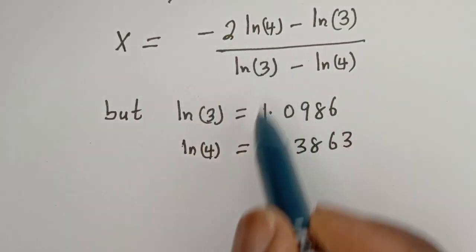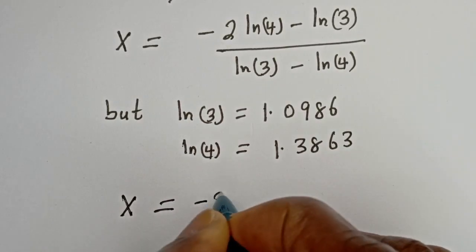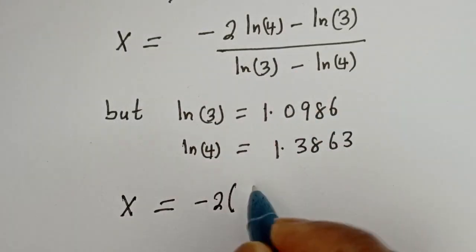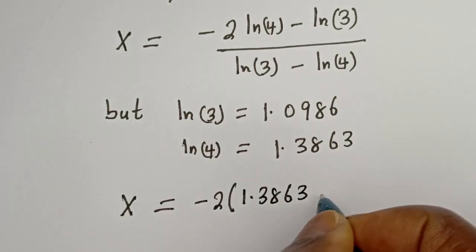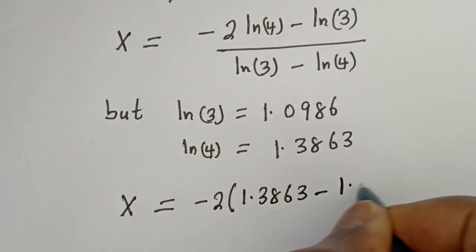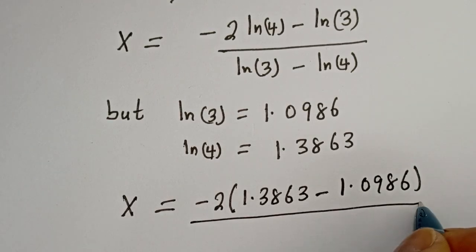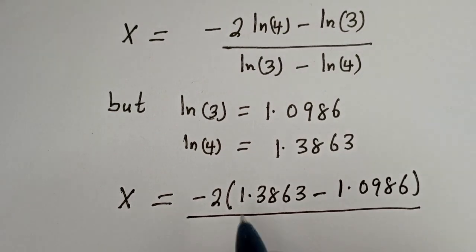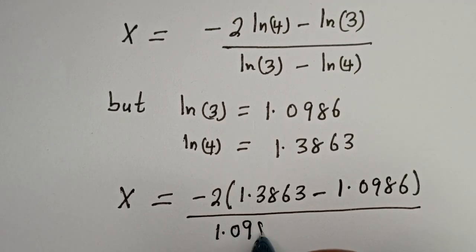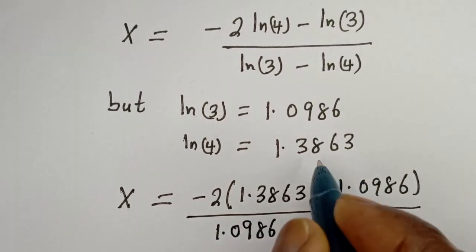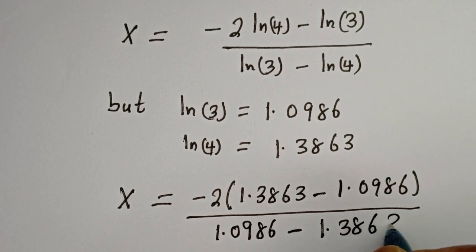The whole of this can be written as x is equal to minus 2 bracket ln of 4, that is 1.3863, minus ln of 3, 1.0986, divided by ln of 3, that is 1.0986, minus ln of 4, that is 1.3863.